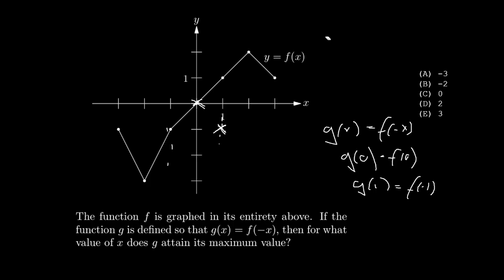And we can see that g of negative 1, the value of the g function at x equals negative 1, would be equal to f of negative of negative 1, that's just 1. So the value of g at negative 1 would be the value of f at 1.